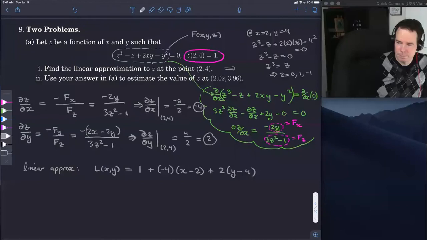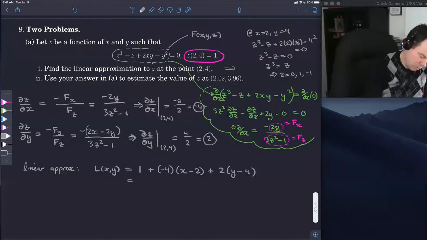And so there is our linear approximation, which we can simplify a little bit. The -4 times the -2 is 8, and that cancels with the -8 from the next term. So we get this expression here. And so there's our linear approximation.